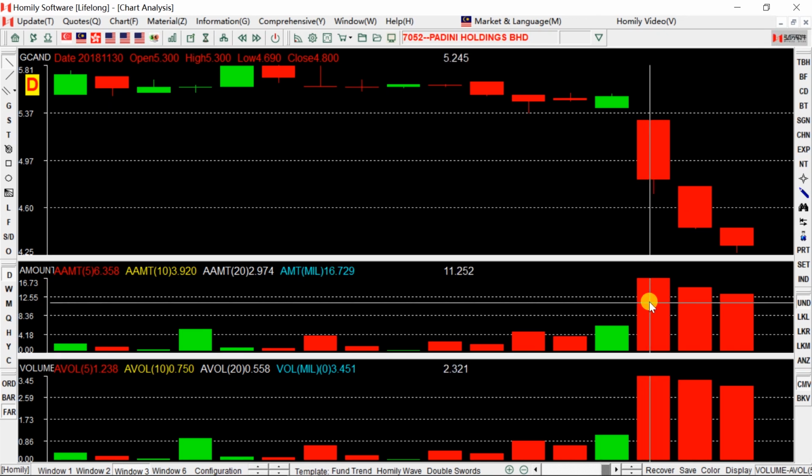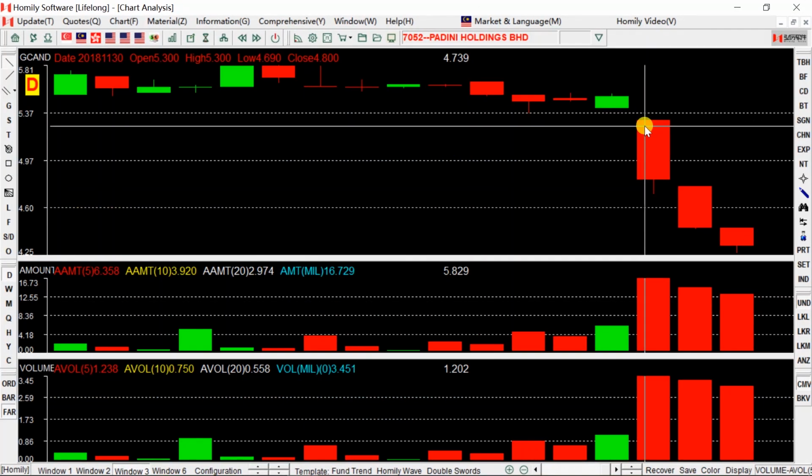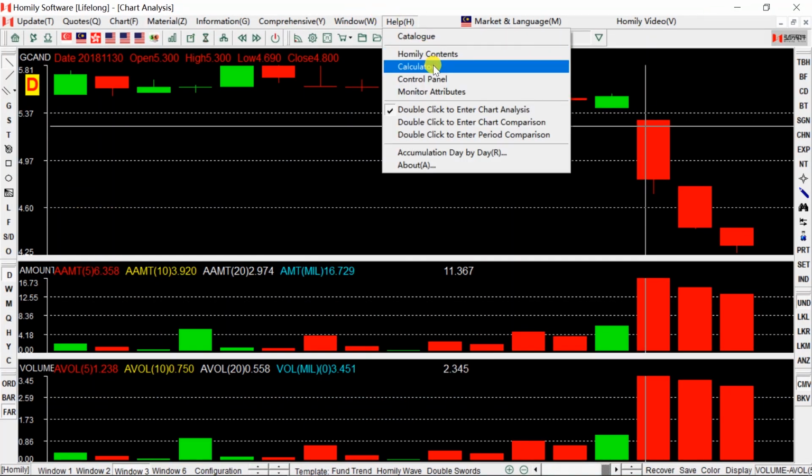So this day we find the amount is 16.729 million ringgit, and the trading volume is 3.451 million shares. So we use 16.729 divided by 3.451, then we'll get the answer. Okay, we use our calculator.